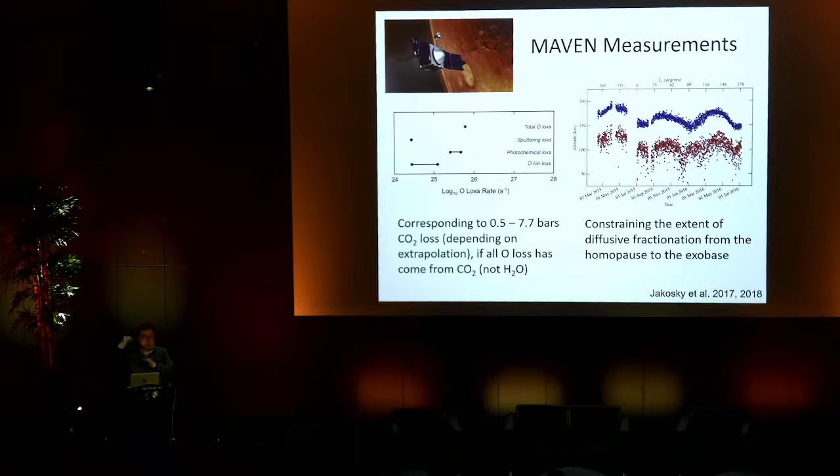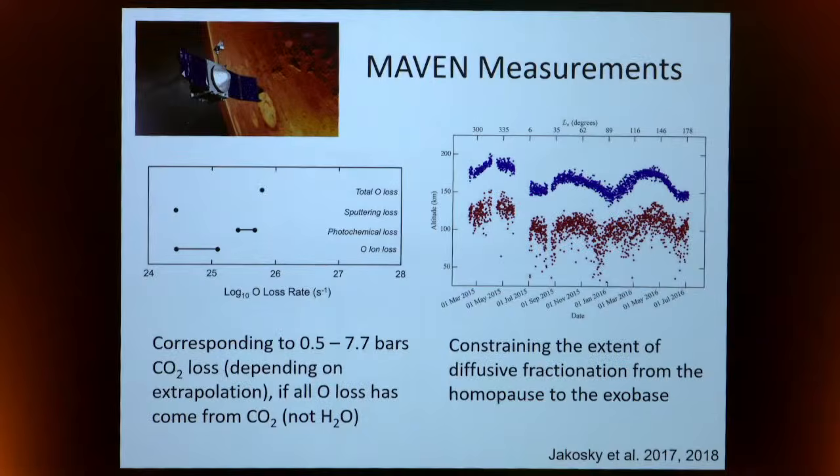The vertical extent of that space really tells you how much isotopic fractionation would happen for carbon, nitrogen, and argon as these elements diffuse from the homopause to the exobase and escape there. So that's, for the first time, a direct measurement by our space missions.